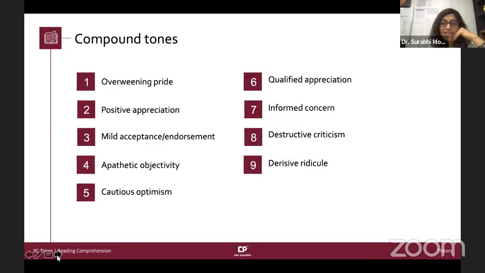So before the next session, which will be announced next week, and it will be only for CP students, you can revise this session so that you get a theoretical understanding of the tone. And then when I show it to you in the passage, you can identify the markers, the keywords, or the structure that I want to show you before you mark that tone.